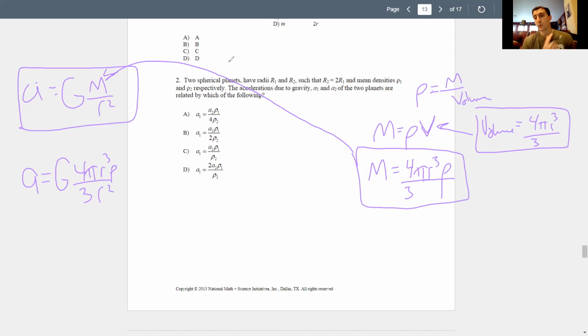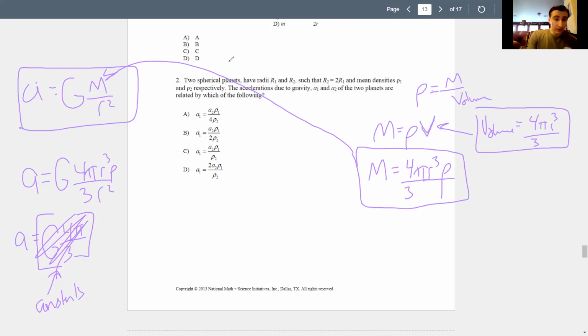So if I look at this, G is a constant value. Regardless if this acceleration was for planet 1 or planet 2, G is the same. 4/3 is the same. Pi is the same. So all of those are constant values here. So effectively, I can cancel those out because they're going to be involved in each equation for A1 and A2, okay?